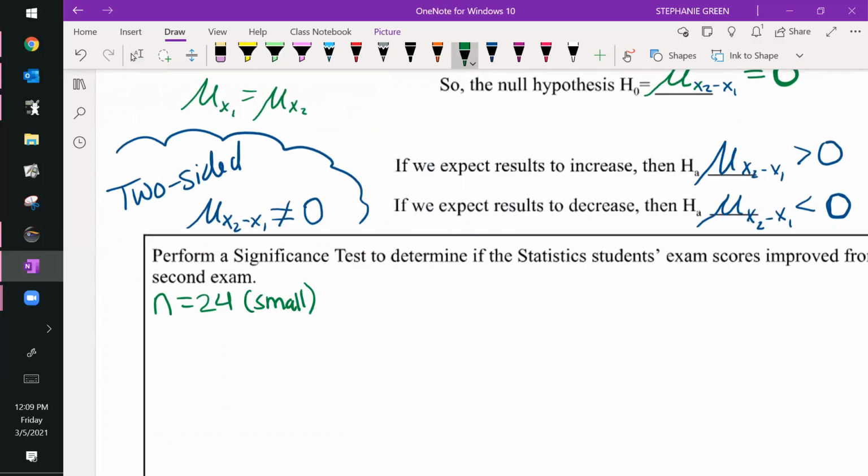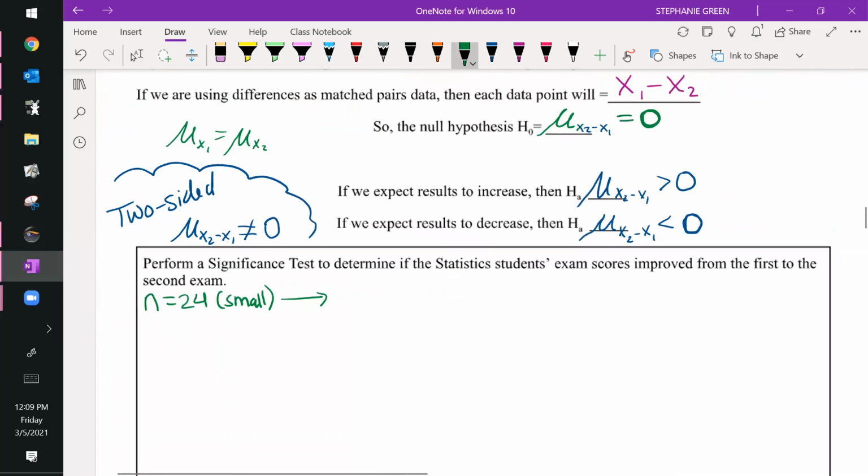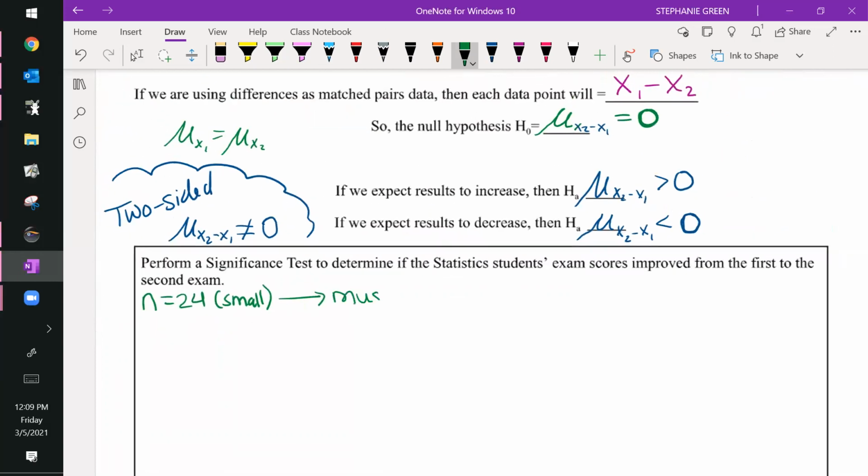So we have to check this data for skewness and outliers. And since this is notes, I'm going to write a note here that says we must check for extreme skewness. Doesn't have to be perfectly normal, but it can't have any extreme skewness or outliers.